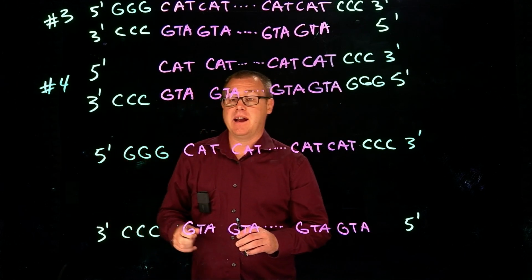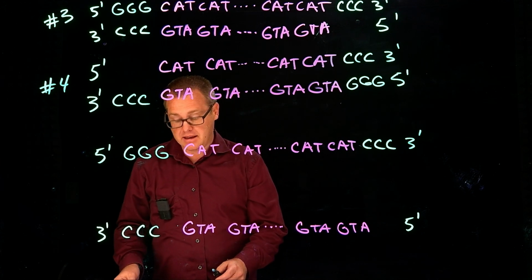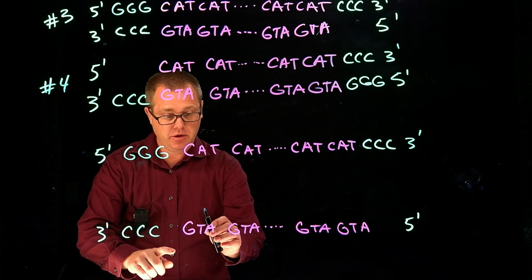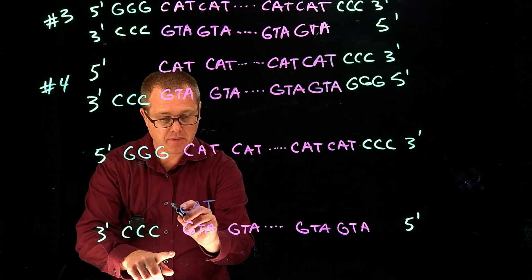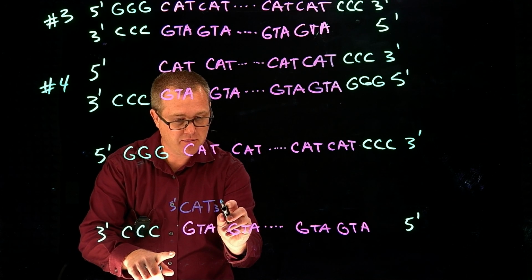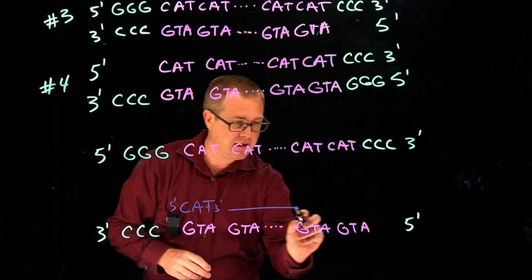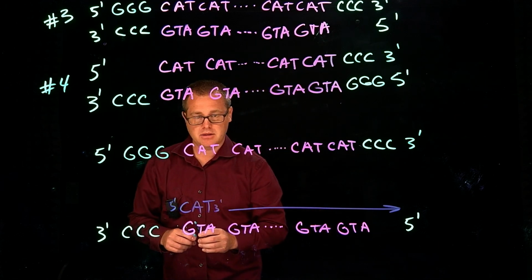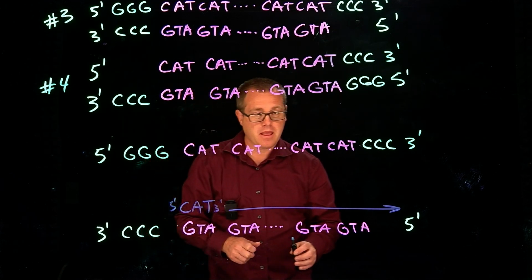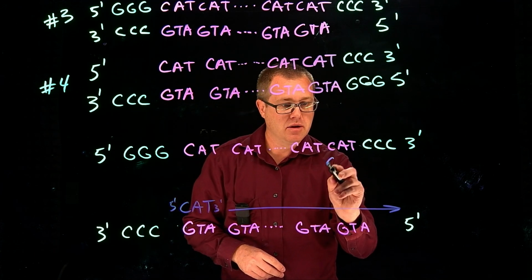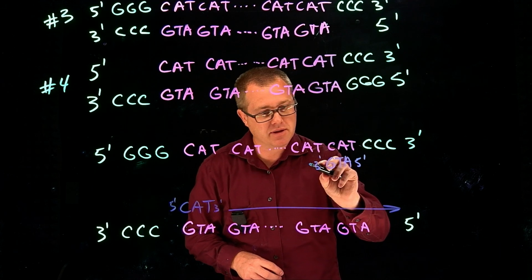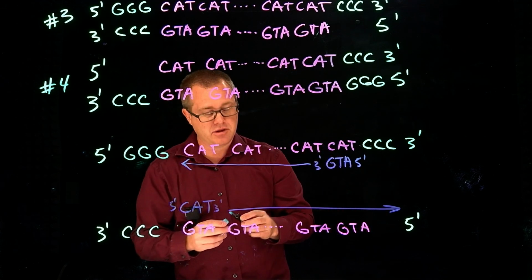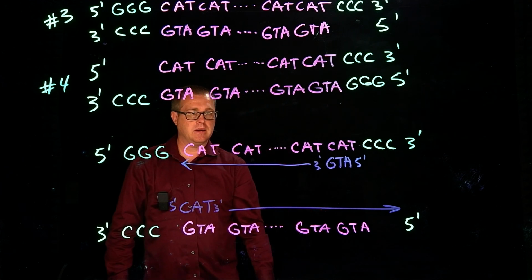Now we're going to take the forward primer and anneal that to the template strand. So that would have to be CAT, and that's 5' to 3', and that's going to synthesize in that direction. So there's our forward primer, and then our reverse primer, GTA, that's 5' to 3'. It's going to synthesize in that direction. Okay.